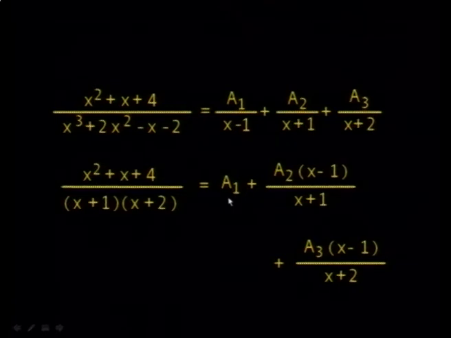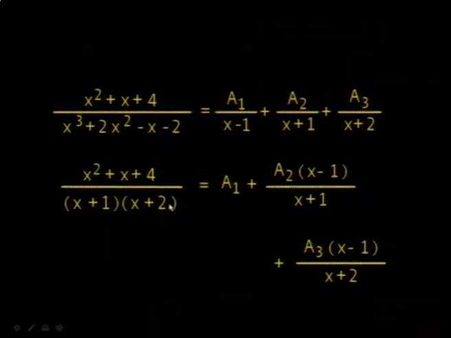Now, if you want to calculate A1, it's easy. Why? Because you can substitute x by 1. So you cancel out this term as well as this term, and you end up with the value of A1. So what's the value of A1? You put x equal to 1. So it's 1 plus 1 plus 4, it's 6, divided by 2 times 3, 6. So A1 is equal to 1.